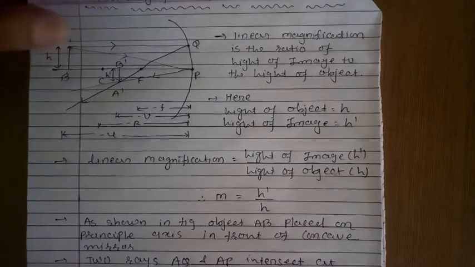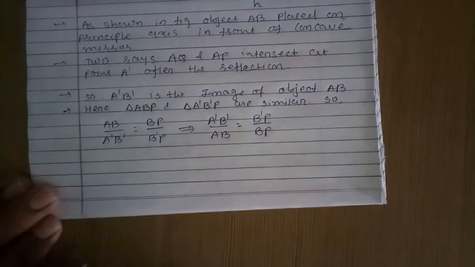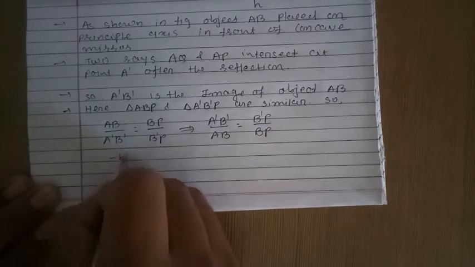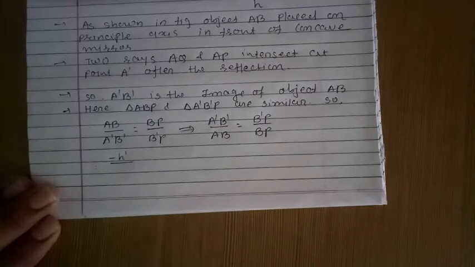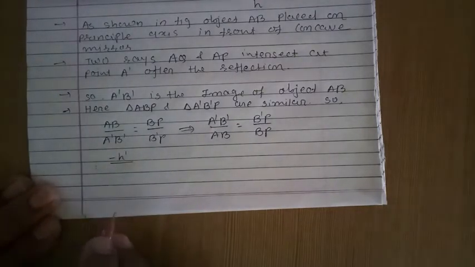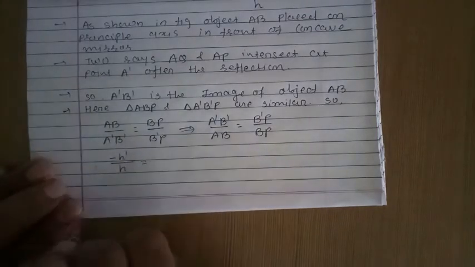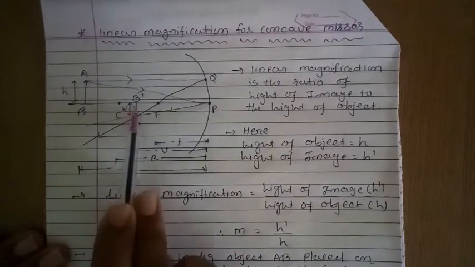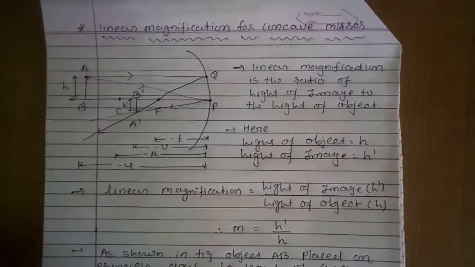So A dash B dash, the height of the image, is minus h dash, and AB, the height of the object, is h. B dash P is minus v, and BP is minus u.